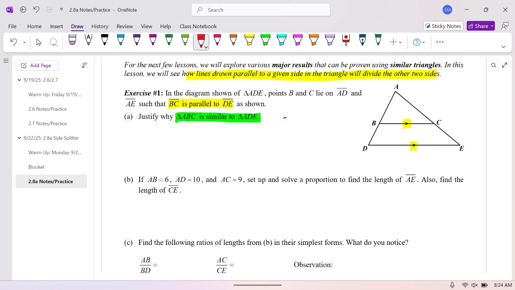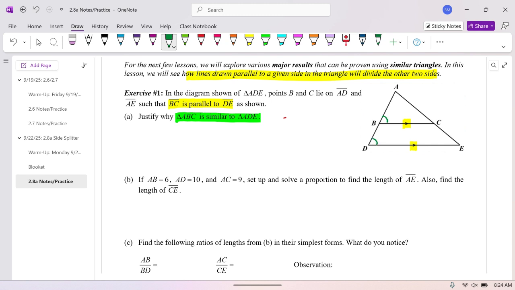So we need at least two angles that we can show are congruent. What is at least one angle that I can right off the bat say is congruent? B and D. So I can say angle B and angle D are congruent.